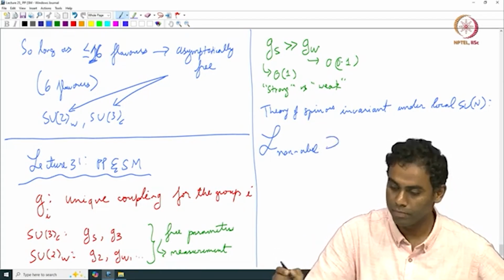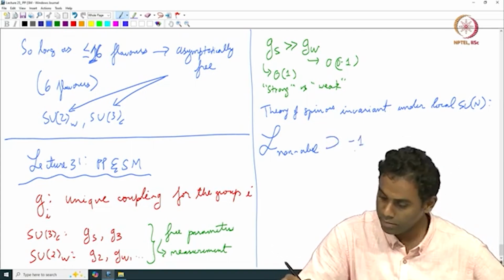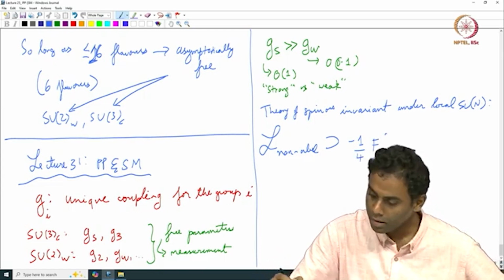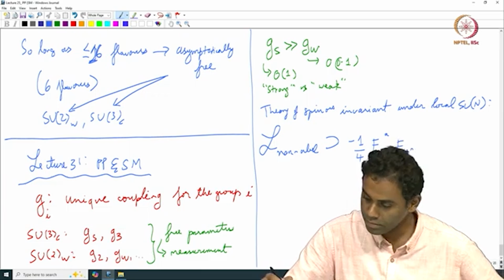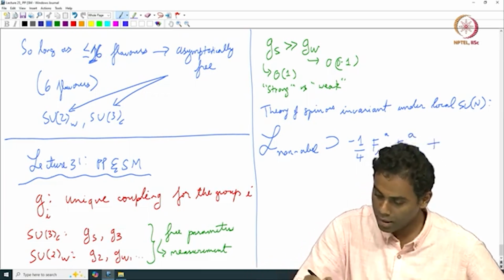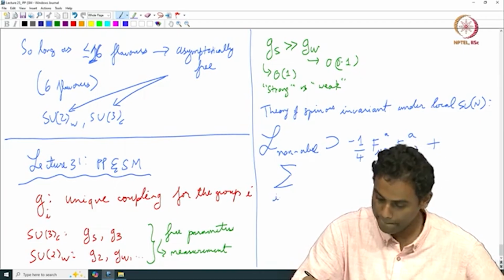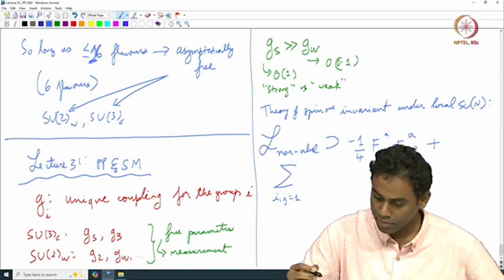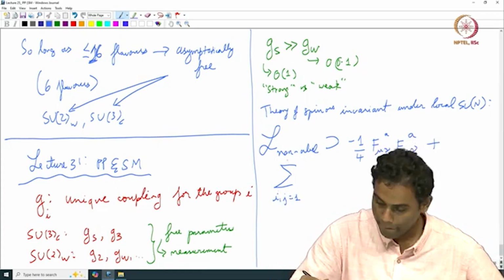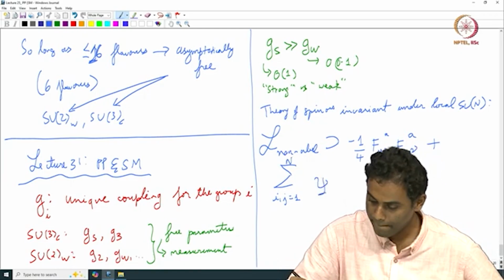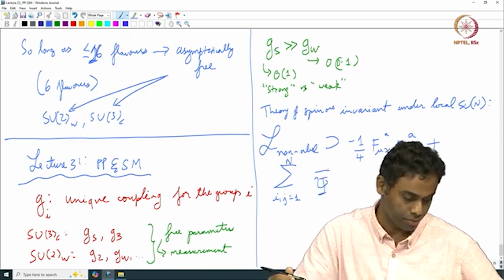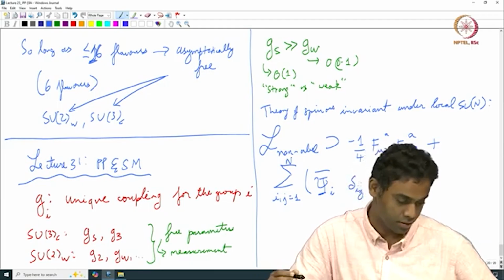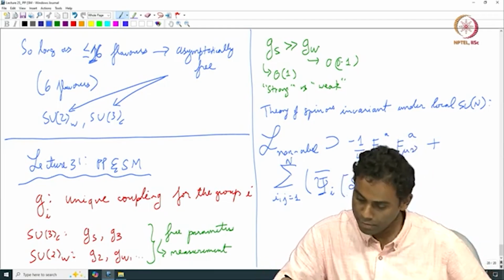There may be other terms, but I'm just going to write the kinetic term of the gauge field and the kinetic term of the spinor field itself.